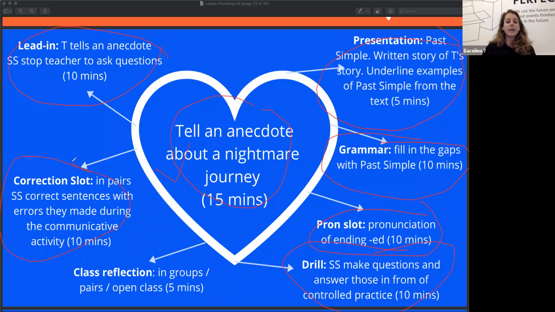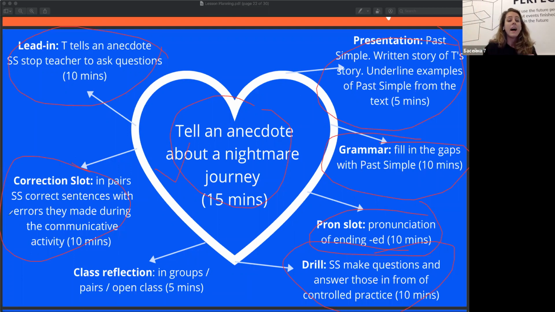After this, we can have correction slot where students in pairs, for example, correct their own mistakes. Let's imagine that during the communicative activity, I was making notes and I just presented to them the sentences or notes that I have taken. And in pairs, they can correct them on their own. And they will just conduct the feedback. Yes, that was correct. Here we correct it.